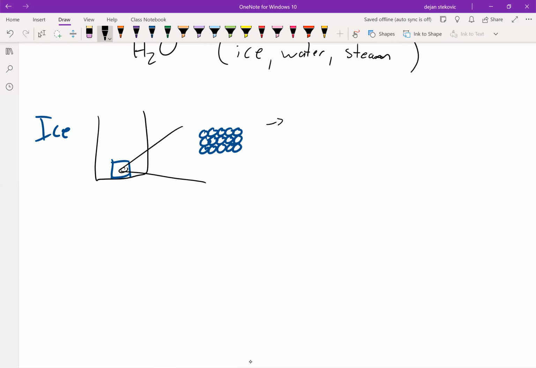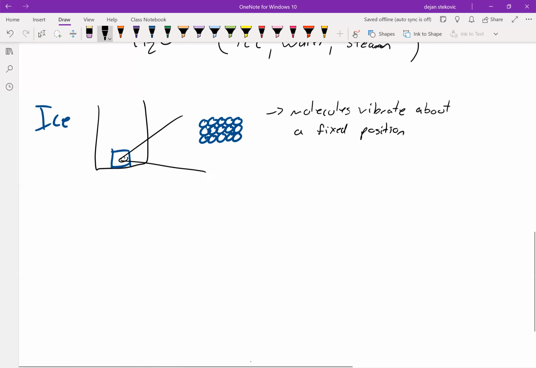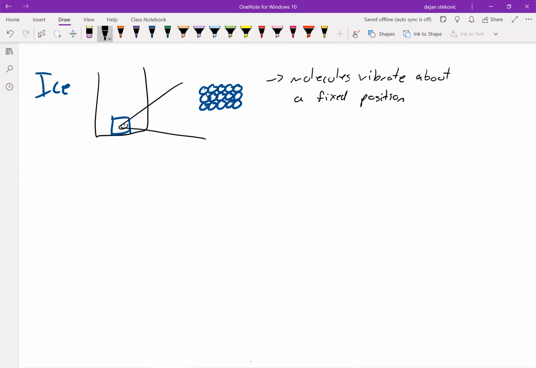So when we think about solids, we think about the molecules vibrating. So they're still moving, but they're not changing places with one another. They're just kind of vibrating about a fixed position. So they're just vibrating in place, but they can't switch spots with one another.